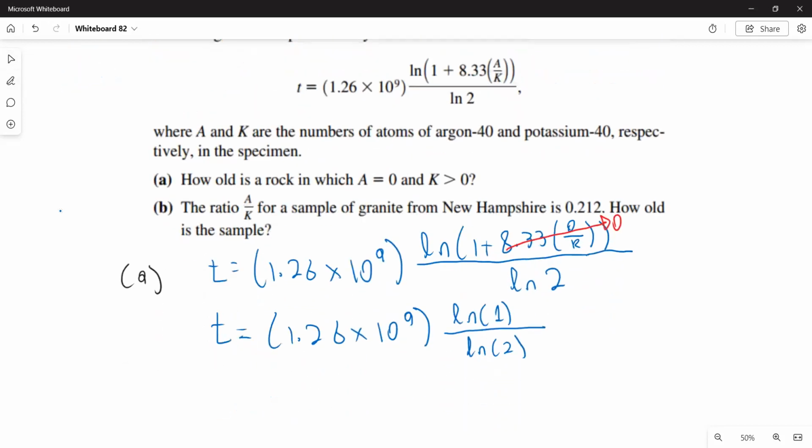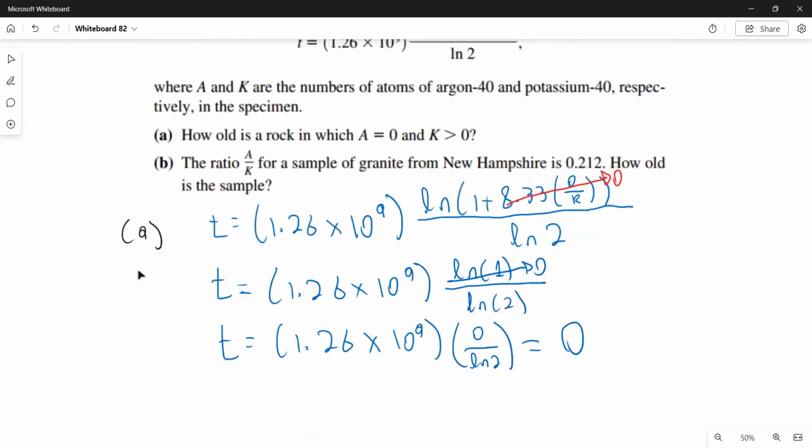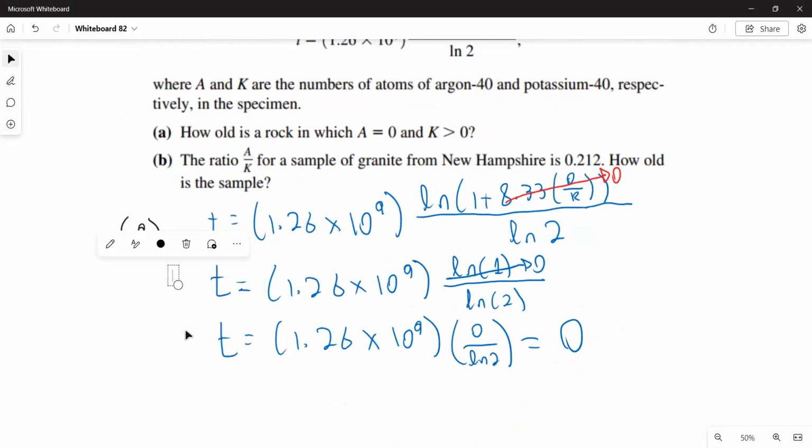That is, T is 1.26 times 10 to the 9th times 0 over whatever. But any number multiplied by 0 is going to be 0. So how old is a rock with no atoms of argon-40? Well, this one is new. If T is 0, the rock is new.